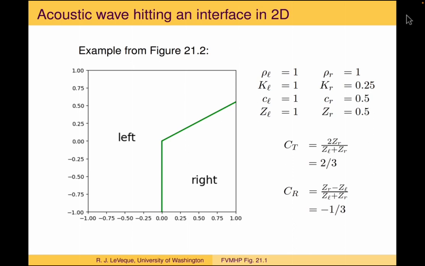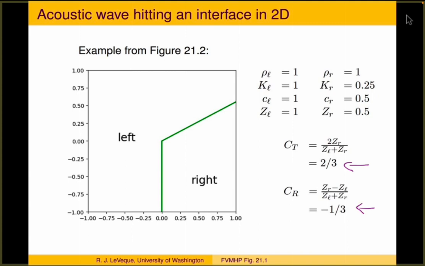So here's an example of that sort. That's figure 21.2, I think, in the book. Actually, this is figure 21.1 that shows the discontinuity, but then there's some computation shown that we'll look at in a moment. So this is a case where we have a left and right state with different material parameters shown on the right here, and we can calculate the transmission coefficient is 2/3 and the reflection coefficient is -1/3 in this case.